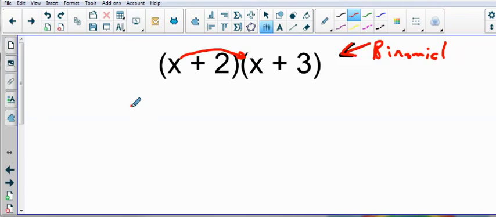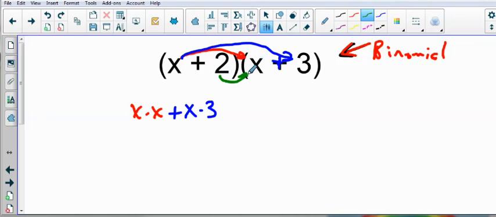X times x, plus, this is a positive times a positive, x times 3. Okay, we did those. Now, plus times plus, so plus 2 times x. And then finally, we have positive times a positive, 2 times 3.